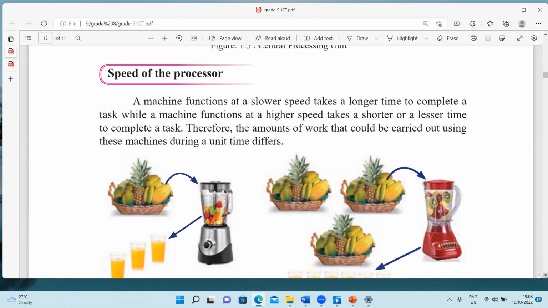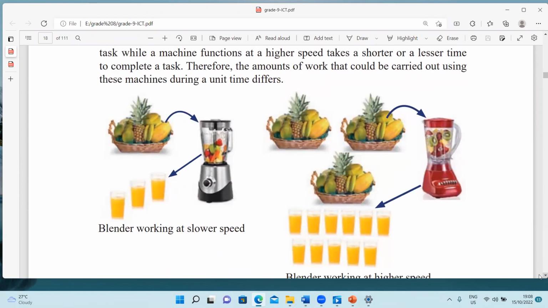Therefore, speed is the amount of work that could be carried out using this machine during the unit time. Given a particular time, if this blender can make 3 cups and the red color blender can make 1, 2, 3, 4, 5, 6, 7, 8, 9, 10, 11 cups, which one is faster?